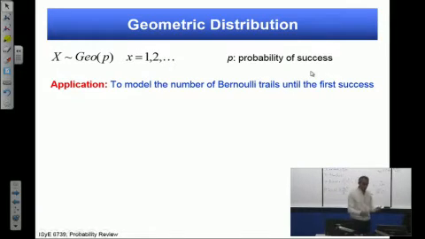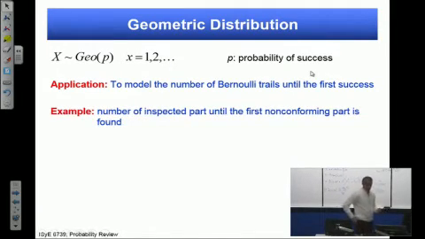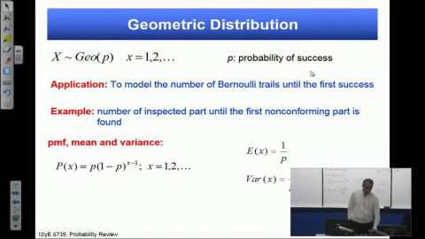So the total number of experiments that we have to make to see the first success follows a geometric distribution, assuming that the Bernoulli trials are independent. In a quality control example, the number of inspected parts until one bad part is caught. Does it make sense? Because success is defined as finding a bad part.